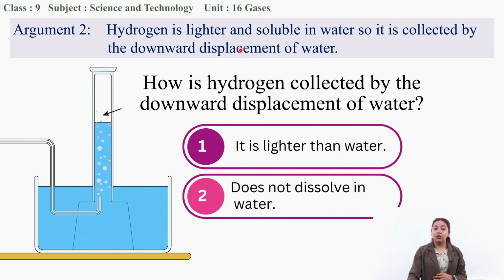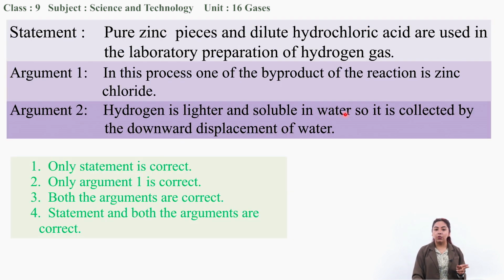But argument 2 says that it is soluble in water, but hydrogen is not soluble in water. That's why it forms bubbles as it transfers to water and gets collected upwards. So argument 2 is not entirely correct. It is incorrect. Hydrogen is lighter and insoluble in water, so it is collected by downward displacement of water. So we can say that argument 2 is incorrect. The statement is also incorrect, and argument 2 is also incorrect. So option 2 is the correct answer.